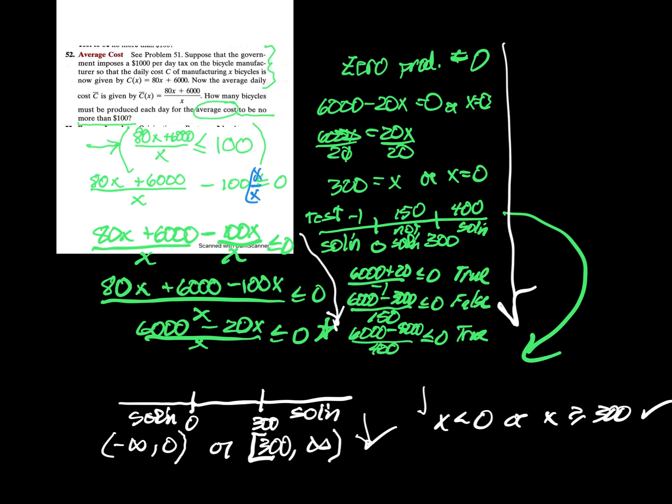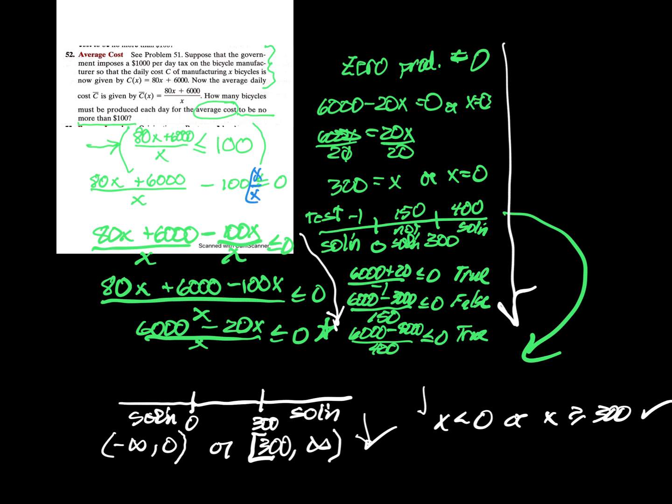So what's the next issue? The question is, how many bicycles must be produced each day for the average cost to be no more than 100? So let's look at this answer. Well, we could produce a negative number of bicycles, which means we're not producing any at all.